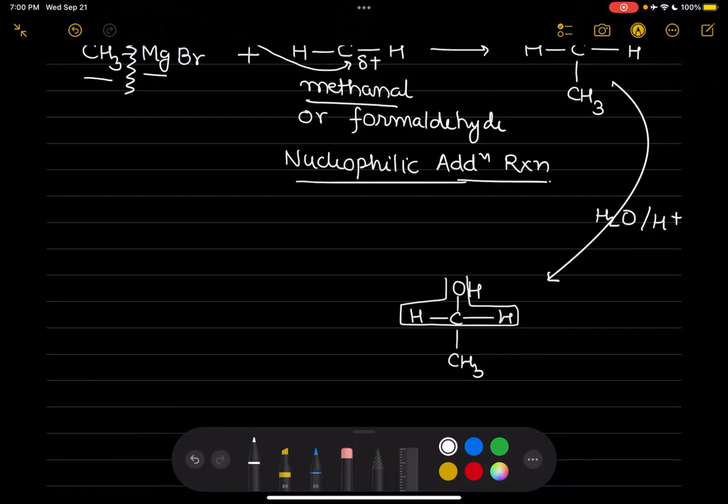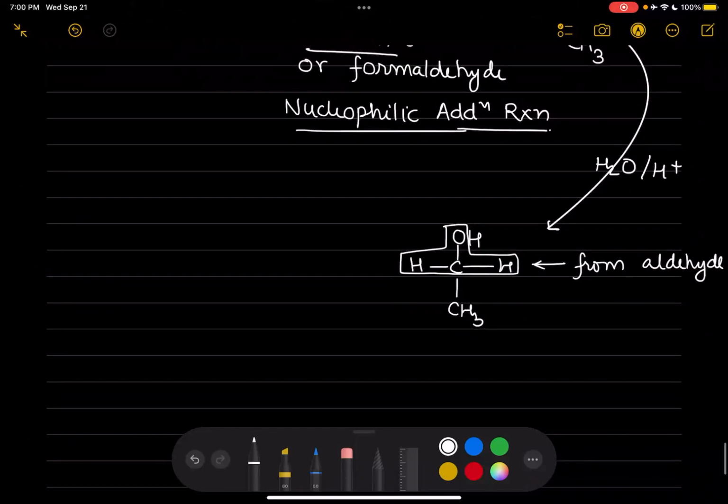This portion was from aldehyde, and this is from water, and this is from Grignard.